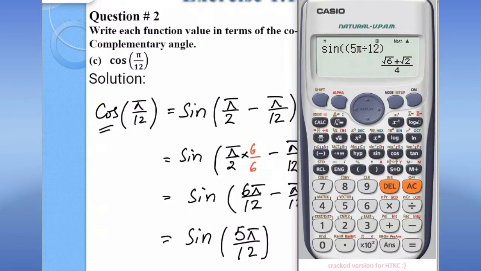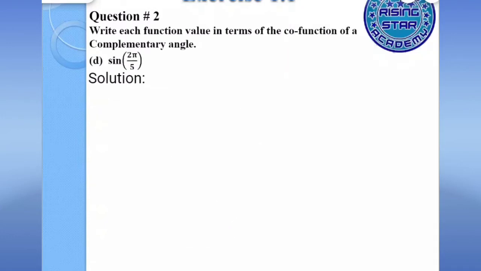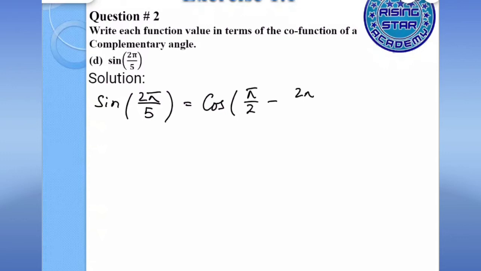Now move to the next part. In this part we have sine 2 pi by 5. So we will write sine 2 pi by 5. For the co-function we will take cos. Now the same thing, pi by 2 minus 2 pi by 5.